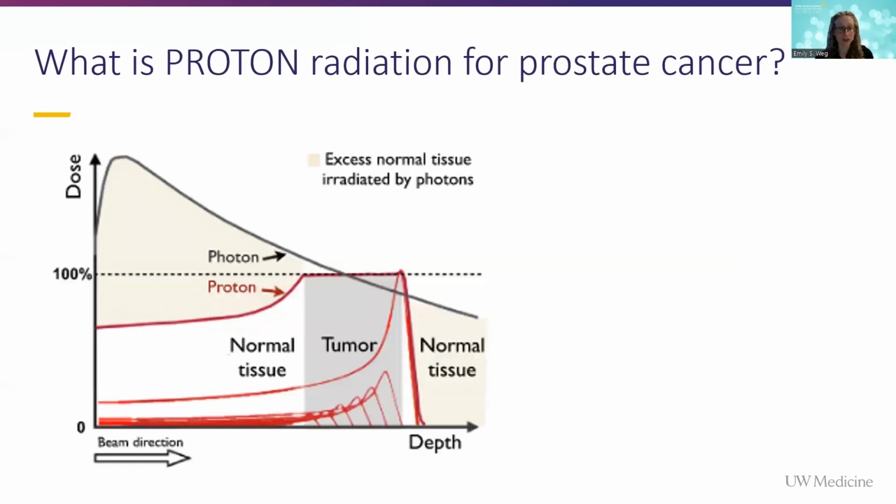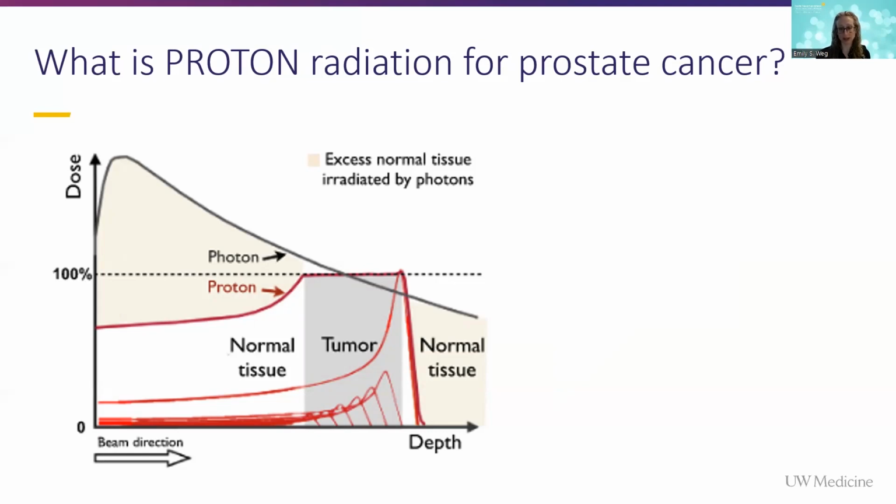As we know, protons are a form of external beam radiation therapy, and this graph is called a depth dose curve and represents the dose that your normal healthy tissues and tumor tissues are exposed to. This top curve represents photon therapy or normal conventional X-ray therapy, and everything under the curve represents the tissues seeing radiation.